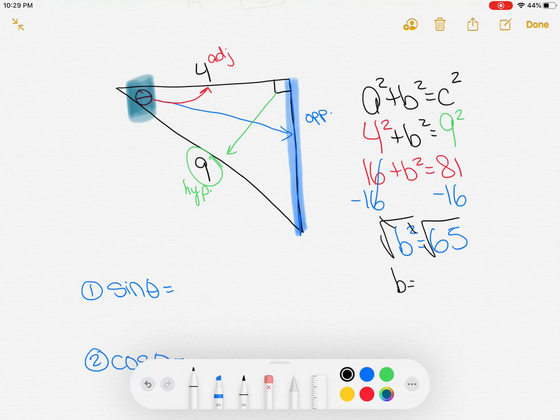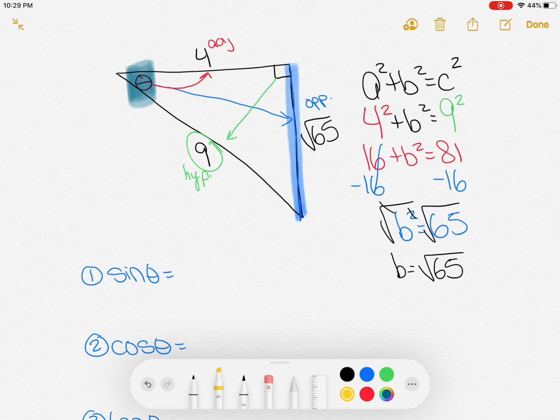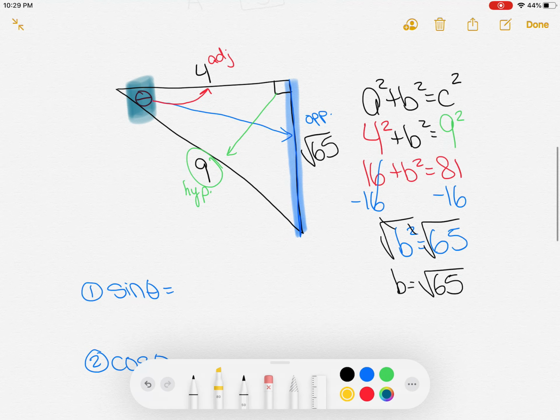And unfortunately, these will cancel and get me b equals, but the square root of 65 is not a nice number. The square root of 65 is a long, irrational decimal. So I'm just going to leave it as the square root of 65, and that's what I'm going to put right here. I wanted to give you one with an ugly example so you had an idea in case you see something that comes up like that.